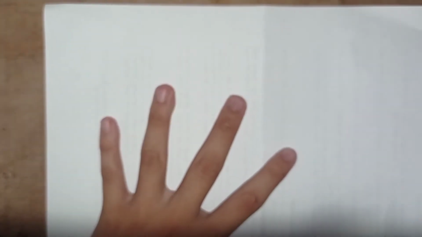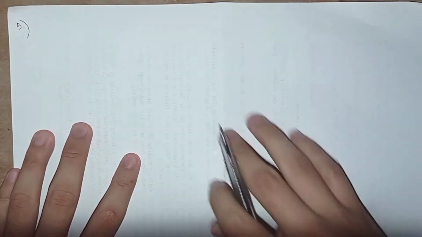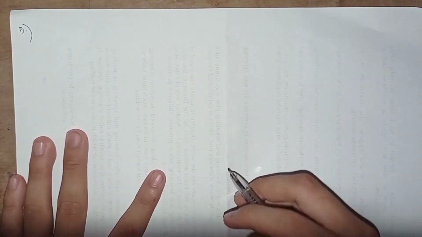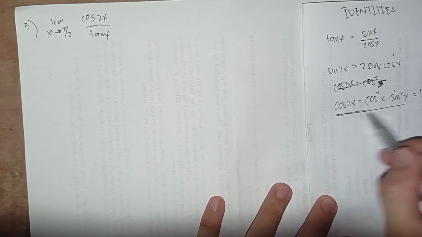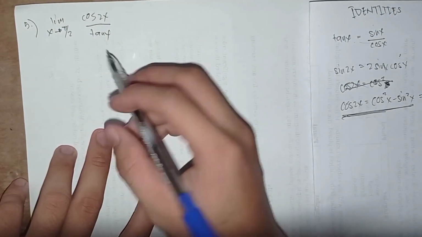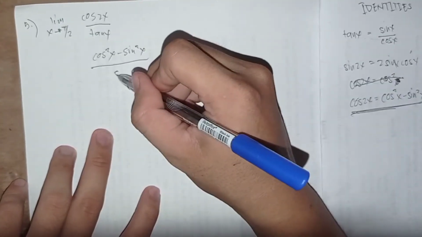Let's proceed to number 5. The limit as x approaches pi over 2 of cosine 2x over tangent x. For this equation, we need a trigonometric identity again. Cosine 2x is equal to cosine squared x minus sine squared x, and tangent is sine x over cosine x.